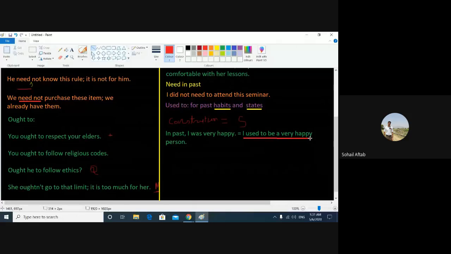My question is, should I write under it past habit or a past state? Past state. Yes, you're right. It's past state. So let's write past state for it. Past state. Okay.